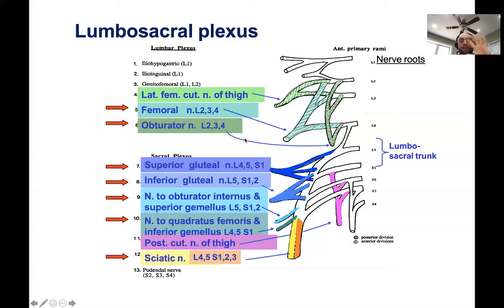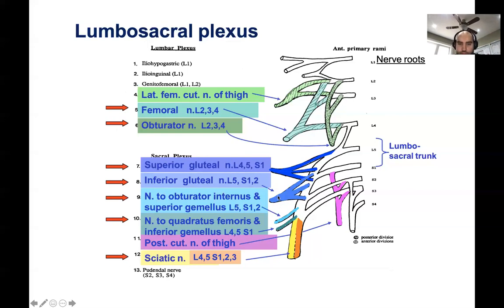Sorry, scratch that. It's superior gluteal because it's superior to the inferior nerve, and it goes posteriorly to the muscles of the glutes, and it innervates some of the glute muscles. So we have a lot of glute muscles, meaning this gluteal nerve will innervate them. And if we have a superior gluteal nerve, that means we also have an inferior gluteal nerve.